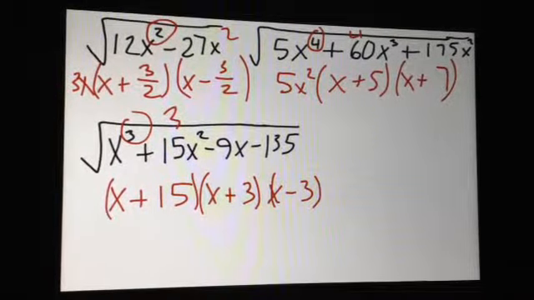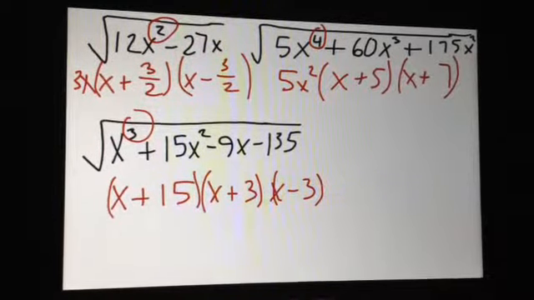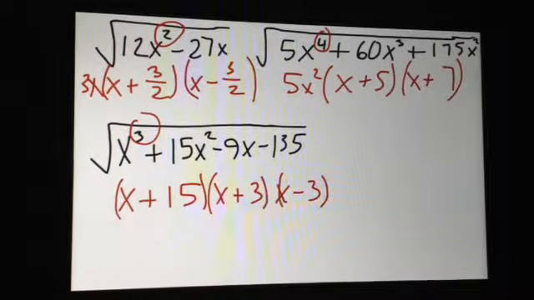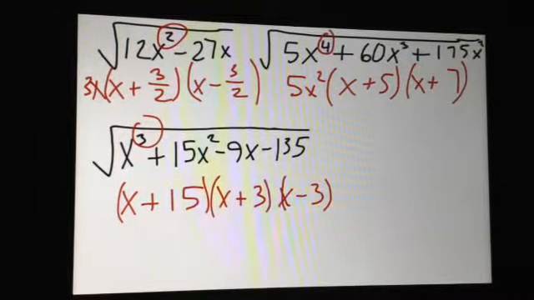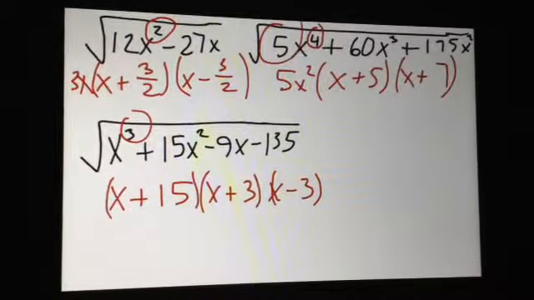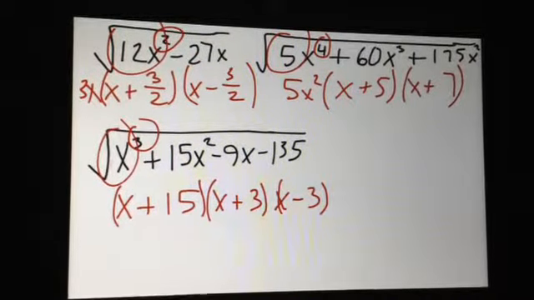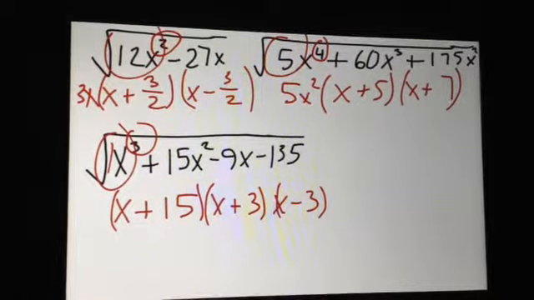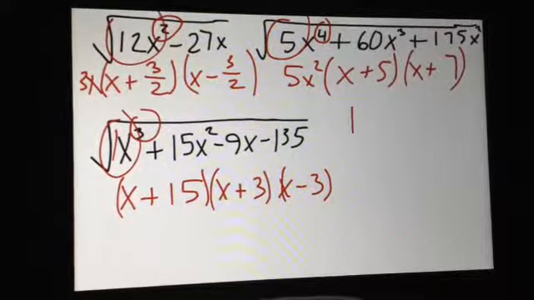And if it's an even degree, then you know that your arrows are both going to end up pointing the same way at the end of the graph. And you can look at the A value, whether it's positive or negative. That tells you whether your graph, if it's an even degree, will open up and look like this.